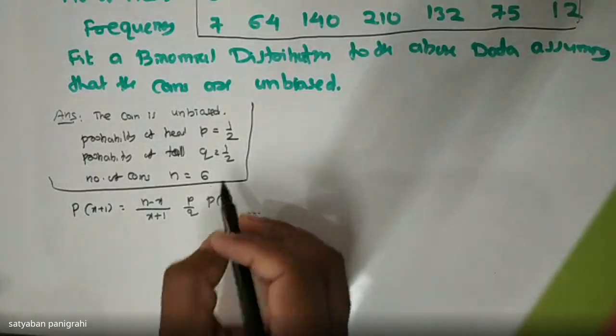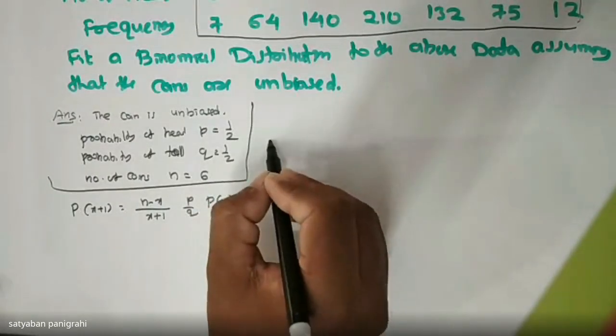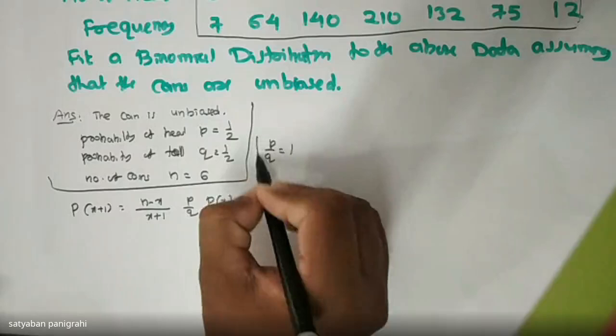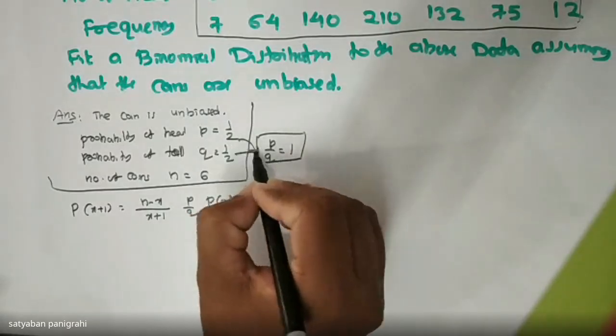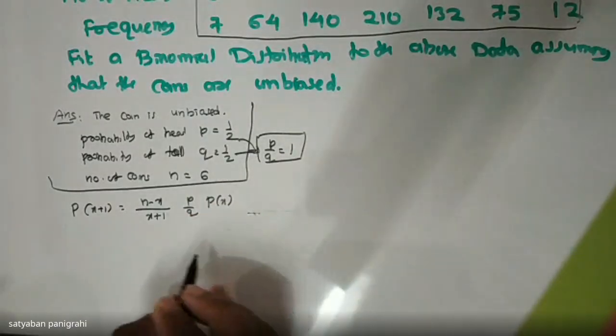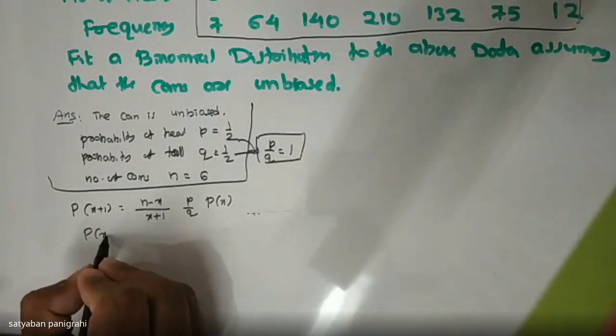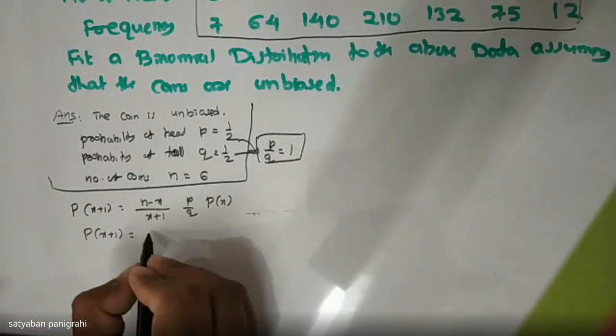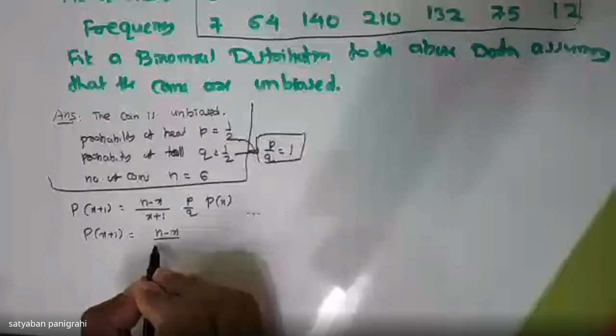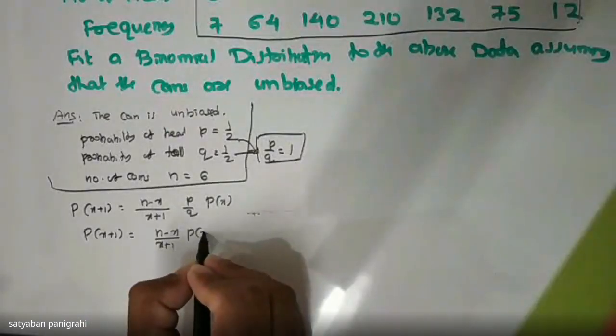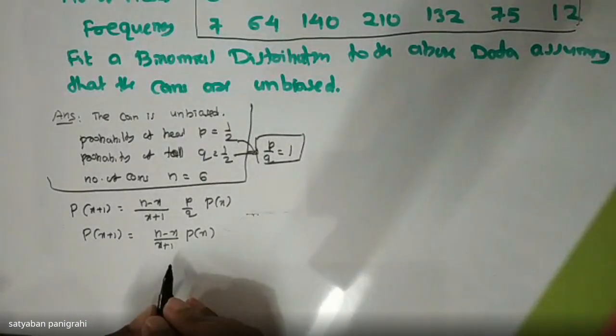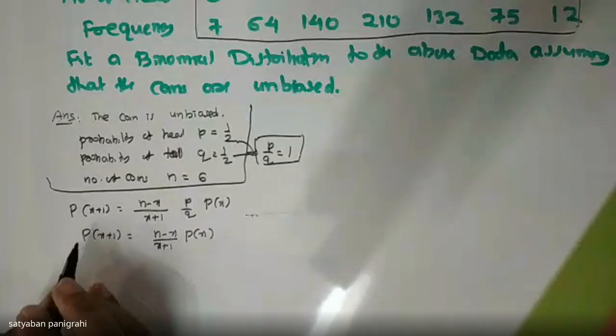Okay, and here you can see P equal to half, Q equal to half, so P by Q equal to 1. So we have P of x plus 1 is (n minus x) divided by (x plus 1) times P of x.